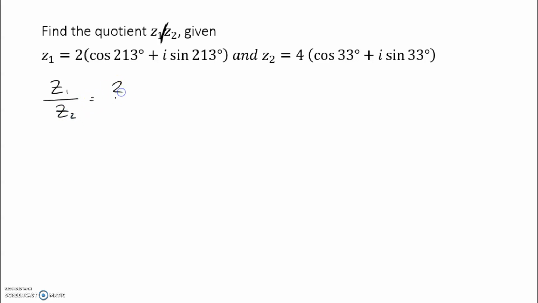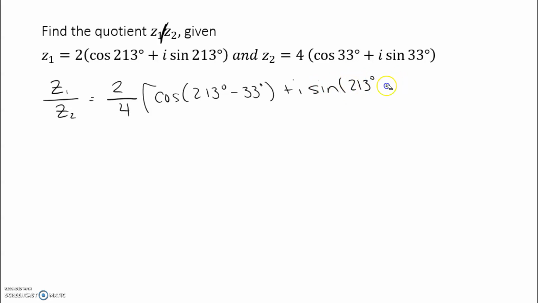That's going to be 2 divided by 4 cosine of 213 minus 33 plus i sine of the same thing, 213 minus 33. Okay, so that will give me 1/2 cosine of 180 plus i sine of 180.